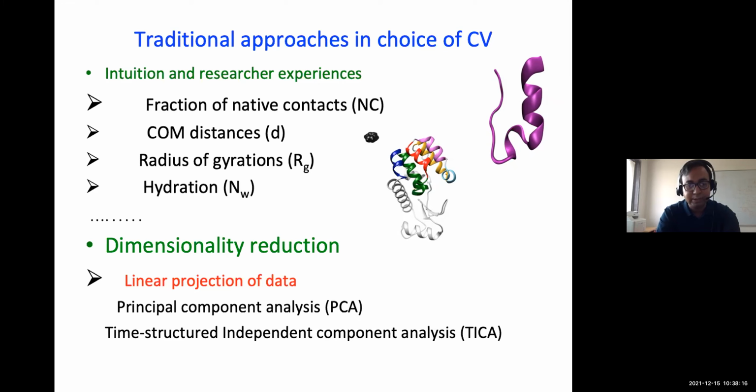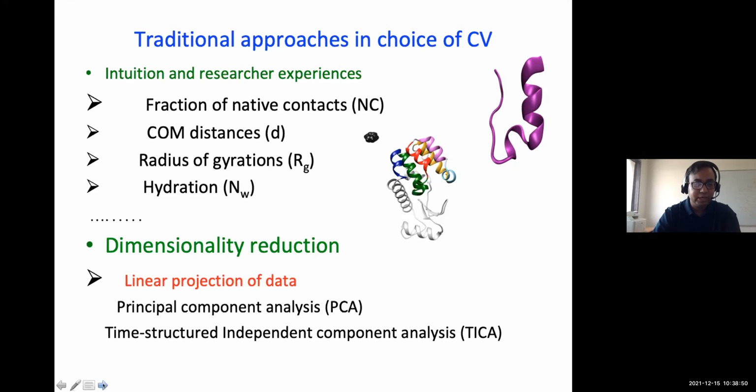For example, principal component analysis has now become almost routine because of the many tools out there. The other technique which has also got prominence over the last few years, thanks to Markov state models and other techniques, is time-structure independent component analysis, which was originally discussed by Vijay Pande and Frank Noé independently, also called TICA. These techniques have been out there for a long time, where we try to see whether one can think about a linear combination of many independent collective variables as an optimal collective variable for this kind of process.